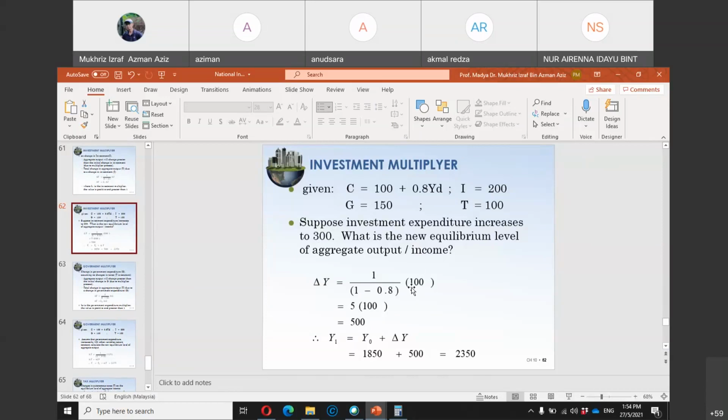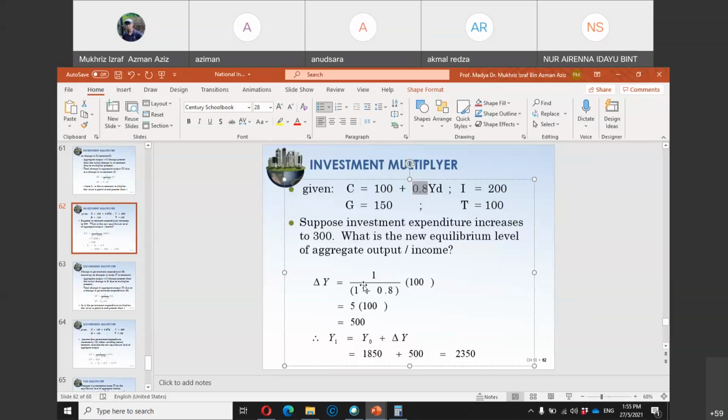Now the formula is 1 divided by 1 minus B. B is 0.8, because we know the consumption function is C equals A plus BY, so 0.8 is our B. So 1 divided by 1 minus B, multiplied by the change value, which is 300 minus 200, the new investment value minus the old investment value.